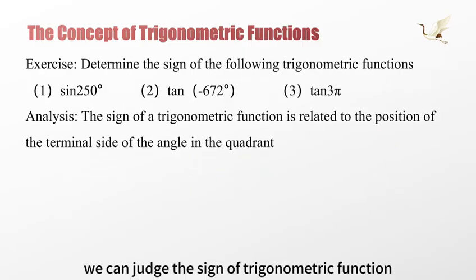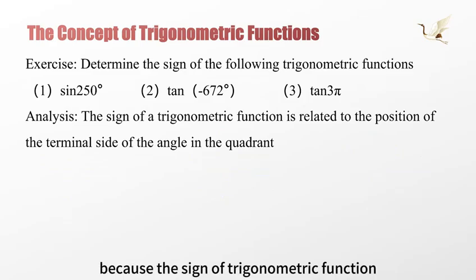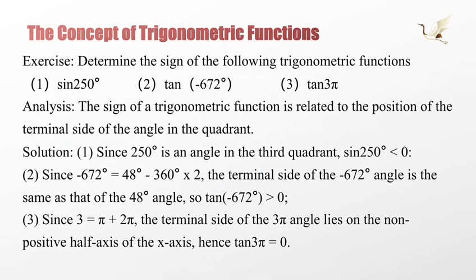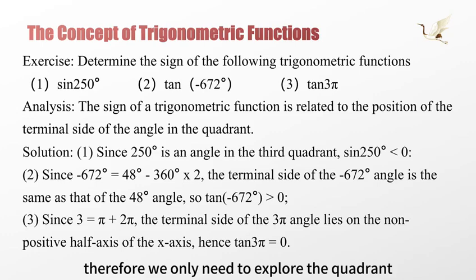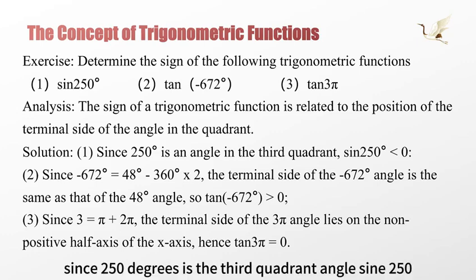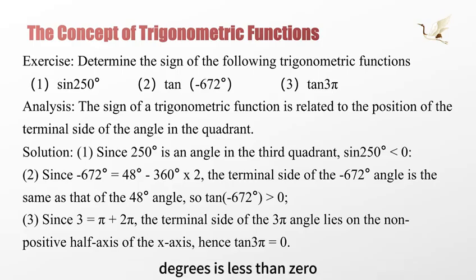From this, we can judge the sign of trigonometric functions, because the sign of a trigonometric function is related to the quadrant where the terminal side of the angle is located. Therefore, we only need to explore the quadrant position of the terminal side of the three angles. Since 250 degrees is a third quadrant angle, sine 250 degrees is less than 0.